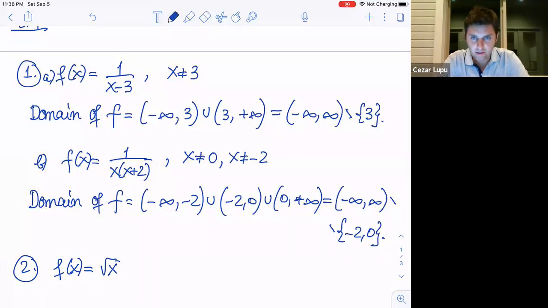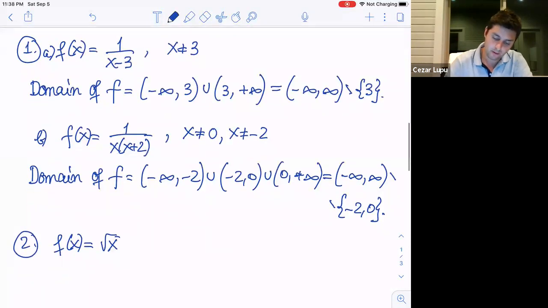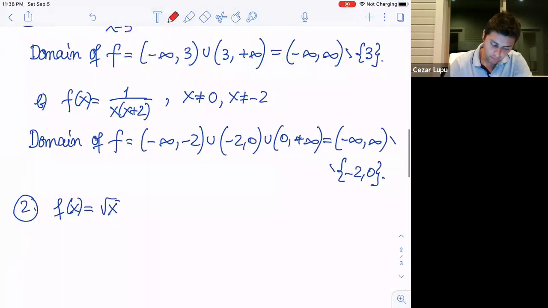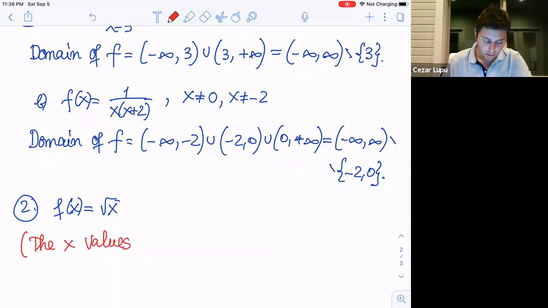The thing that you need to know is that the x values under the square root are non-negative.